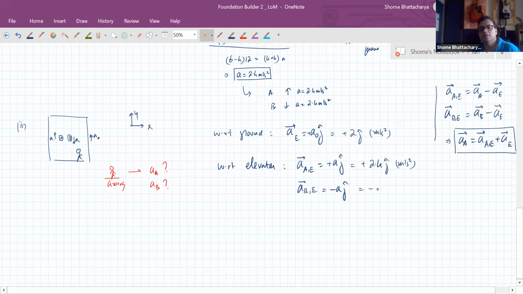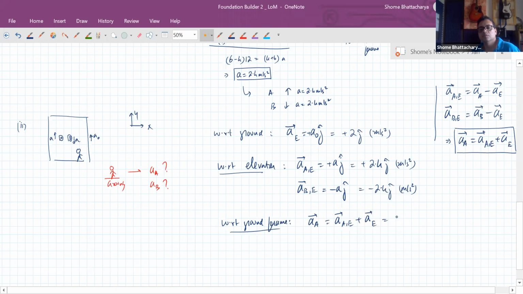This is minus 2.4 j cap. Okay. So now from this, we will again see that with respect to the ground frame, the acceleration of block A will become the relative acceleration of A with respect to the elevator plus the acceleration of the elevator.